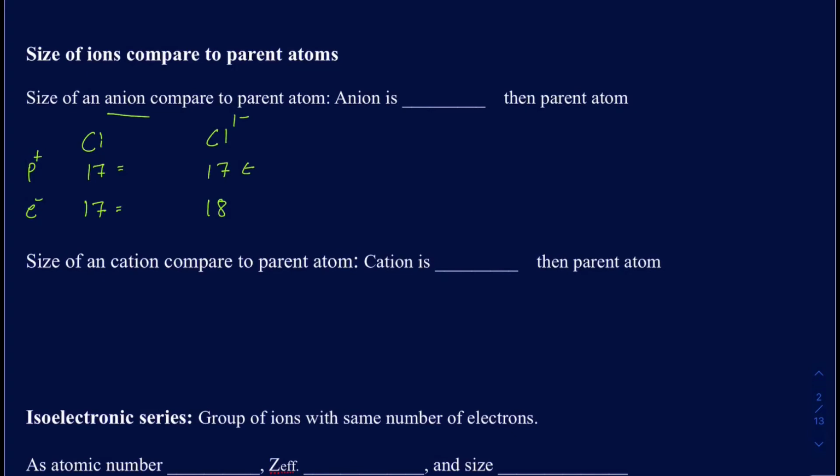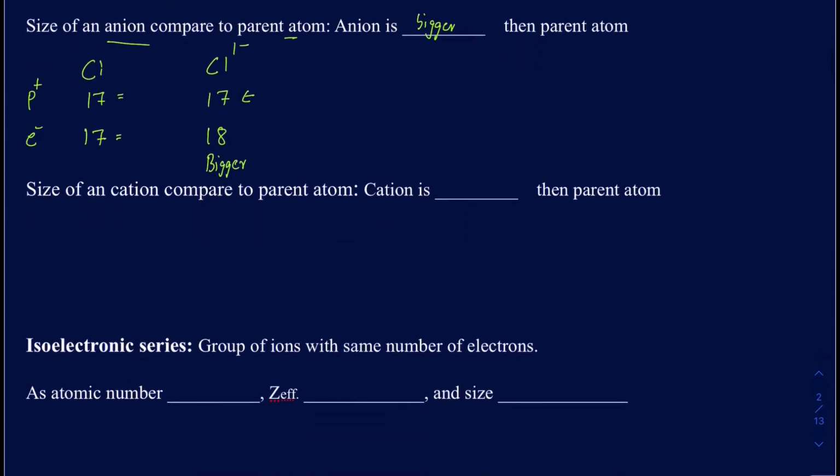So it's going to be harder to take care of 18 people. So there is going to be a little bit of loose grip in case of chloride, and as a result, your attractive force is going to decrease because of the extra electron in there, and as a result this is going to be bigger in size than in case of chlorine. So it's always going to be true when you're comparing the anions to their parent atoms, anions are always going to be bigger than the parent atom.